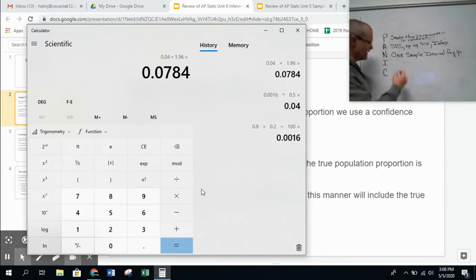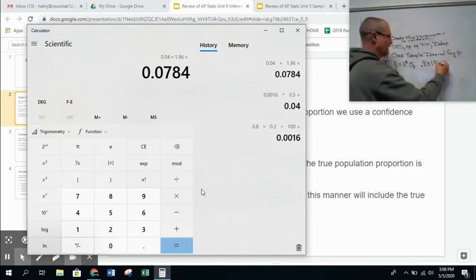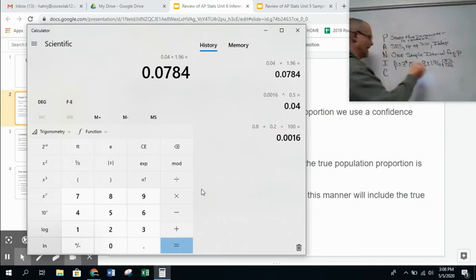You're going to say, okay, I know that p hat plus or minus the z critical times the standard deviation of the p hats. So then I would put my numbers in there: 0.8 plus or minus 1.96 times the square root of 0.8 times 0.2 over 100. I would show the formula. Okay?